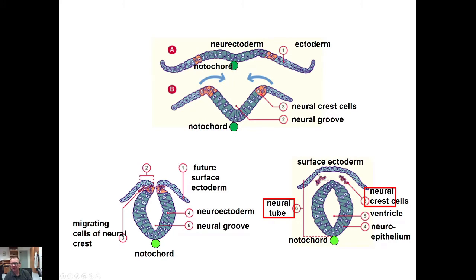tube is forming. During the formation of the tube, there is one interesting cell population which is developing from the rim of the tube, or let's say from the tips of the neural folds.